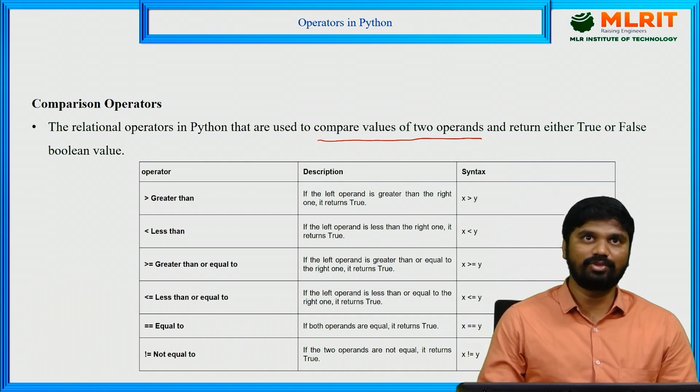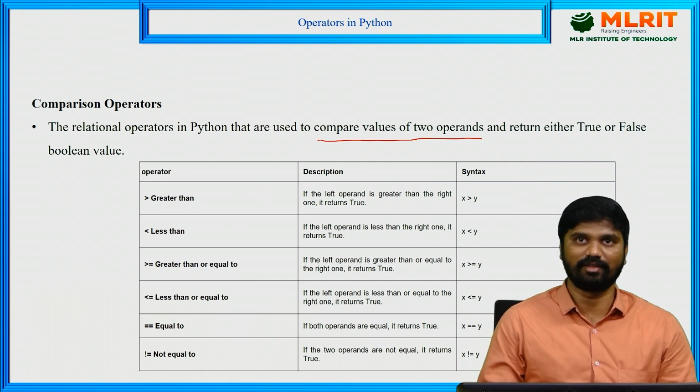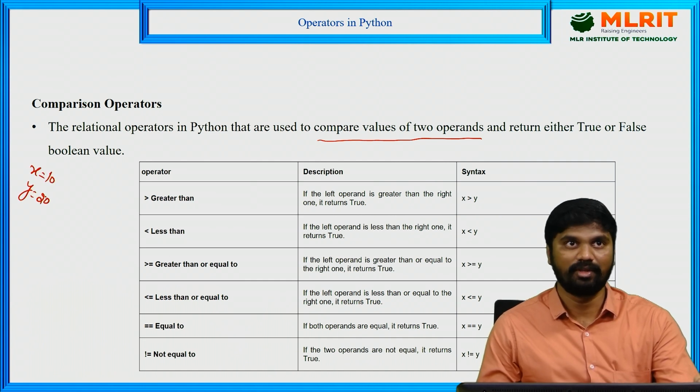By comparing the two values, we get the result in the Boolean type. For the Boolean type, we have two values, either True or False. For example, here x equals 10 and y equals 20.